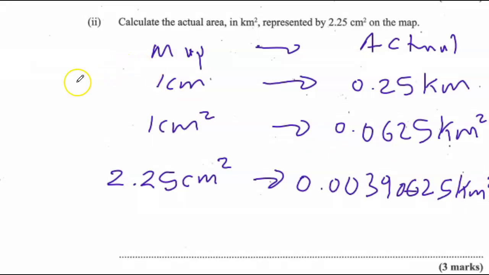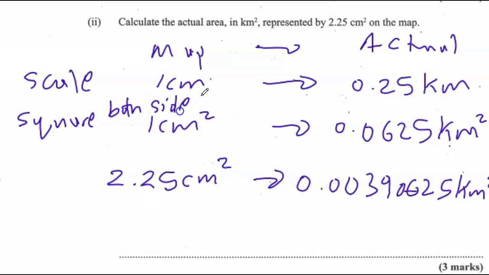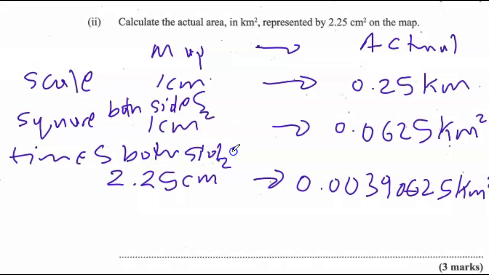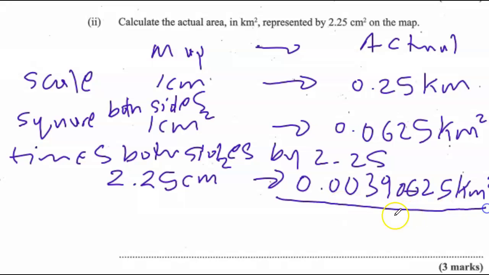So this was the original scale we were given, and to get this you square both sides, and to get this we times both sides by 2.25. So hence we have 2.25 cm square is equivalent to 0.00390625 km square. So this would be your solution.